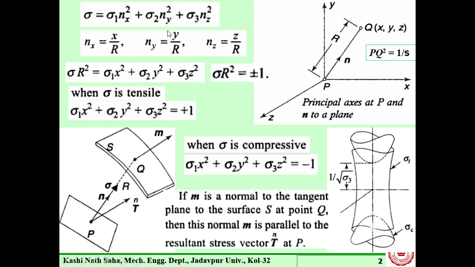Okay. Ny here is y by r. This is fine. So, in this equation, if we substitute for nx, ny and nz, what will we get? This is sigma 1 x square by r square will come.